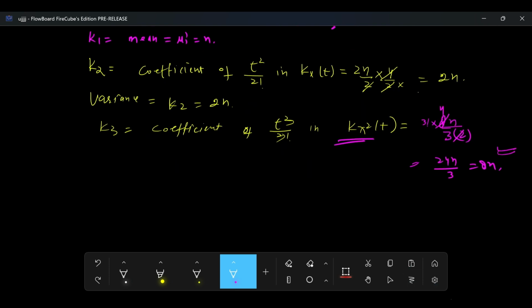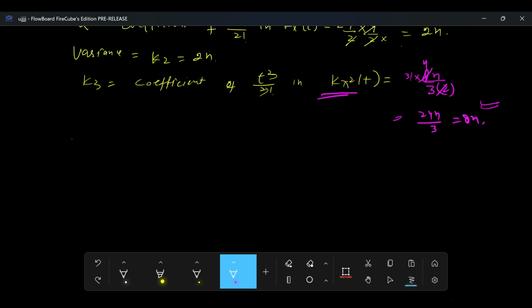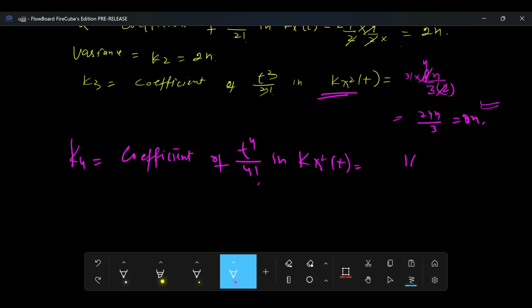Now what's K4? K4 is equal to the coefficient of T4 upon 4 factorial in K chi squared T. That will be equal to 2 2s are 4, 2 2s are 8, 2s are 16, T into 4 factorial divided by 8.